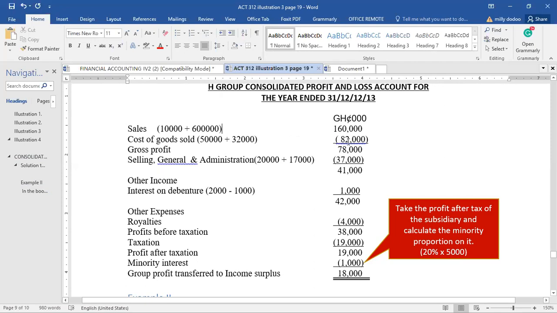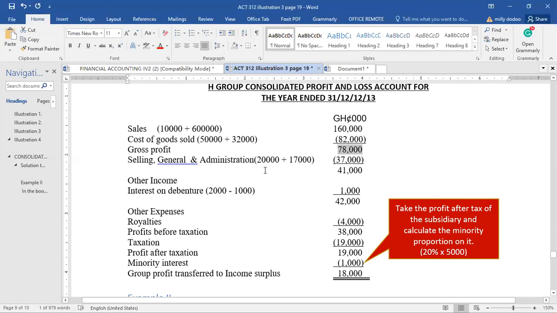So when I subtract my 82 from the 160,000, I'll get 78,000 as my gross profit. So my gross profit is 78,000. And then I come to my selling, general, and administration expenses. That of H is 20,000.